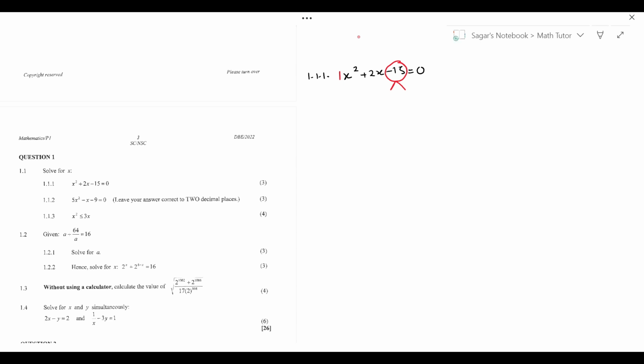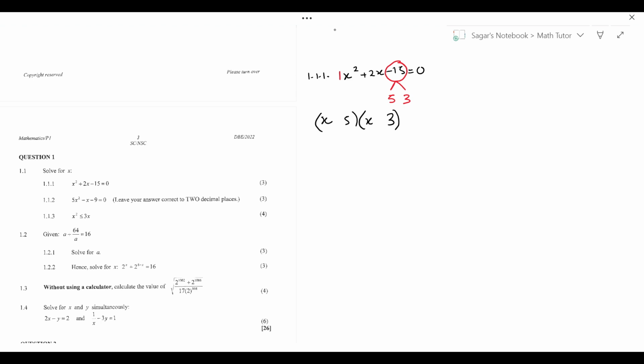We need 2 numbers that when multiplied by each other will give us minus 15, and when they are added or subtracted will give us plus 2. So we have 5 and 3. That is most likely to work. So x plus minus 5, x plus minus 3.